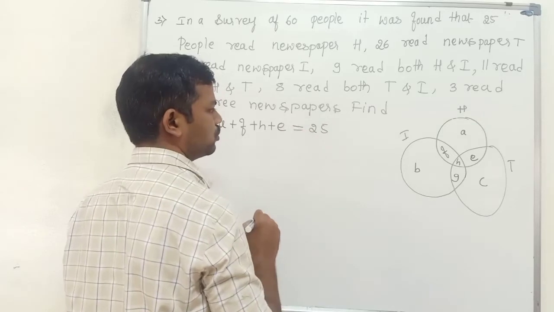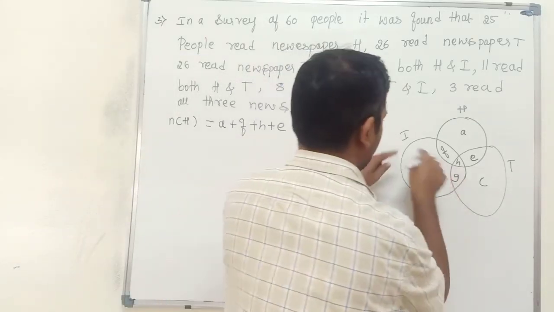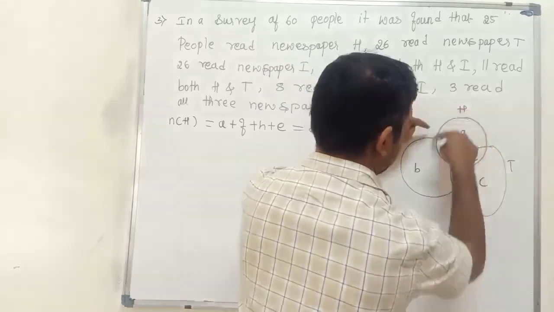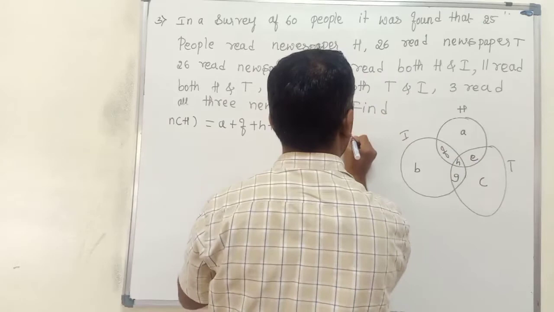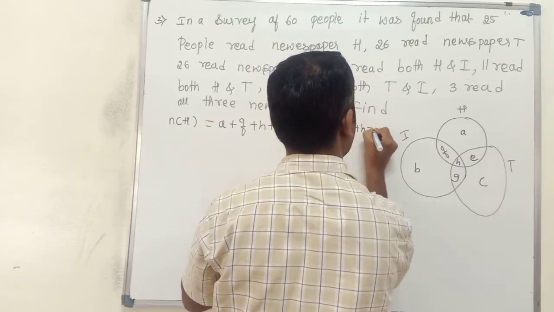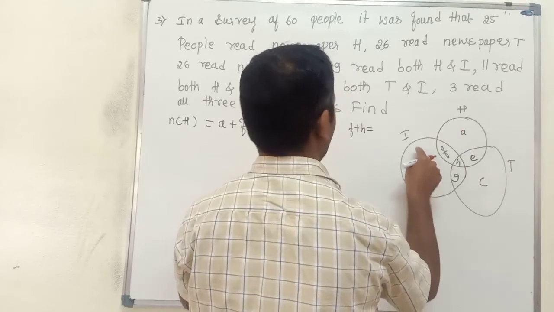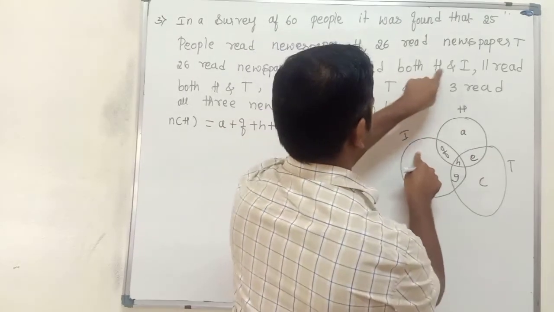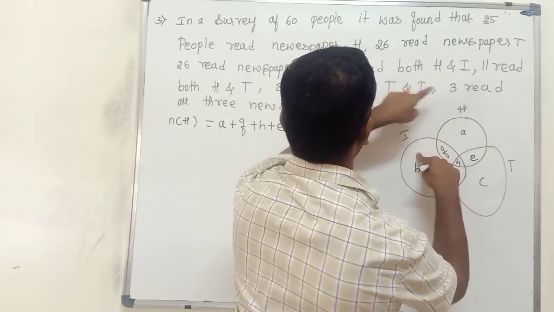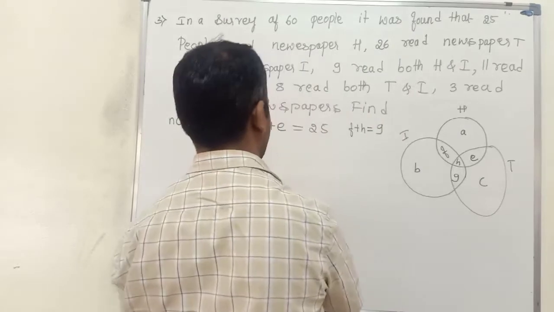So here we know certain things. We know that h intersection I, f plus h, is also known as f plus h intersection I. What they have given, h and I, is 9.